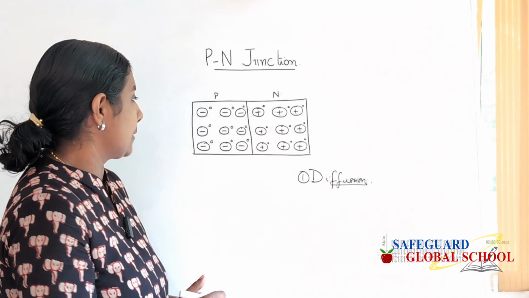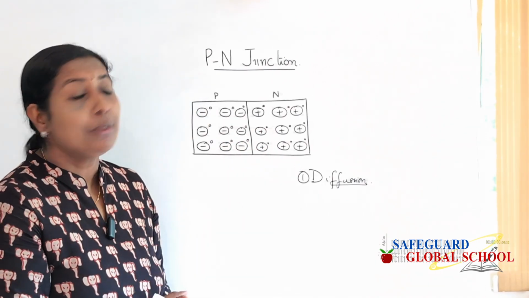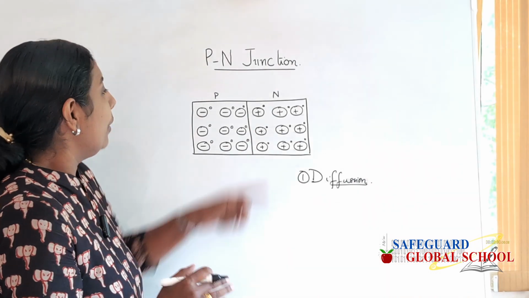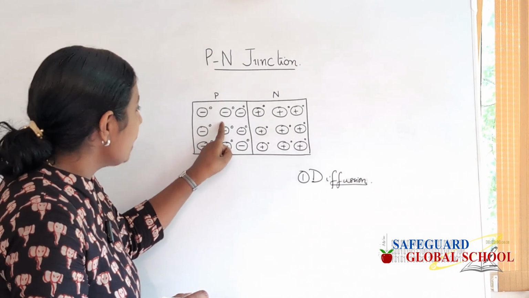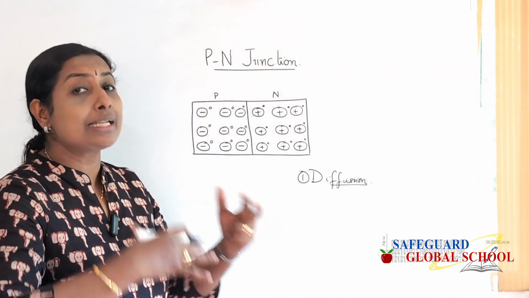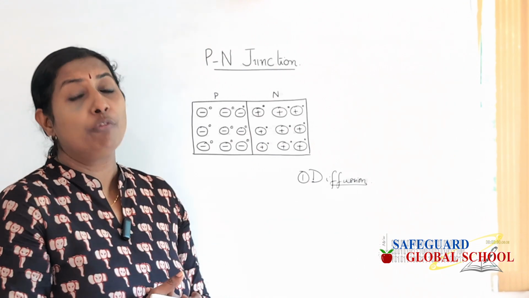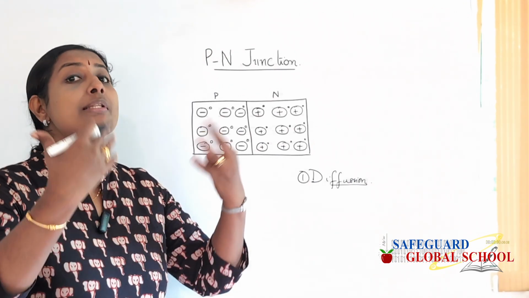So what happens? Will this diffusion happen for a long time? Let us discuss the detail. When the electrons move to this side and the holes move to this side, there is a chance of recombination. You have already studied that whenever temperature is there, electrons and holes are produced.